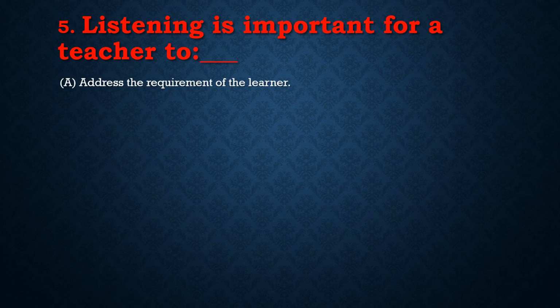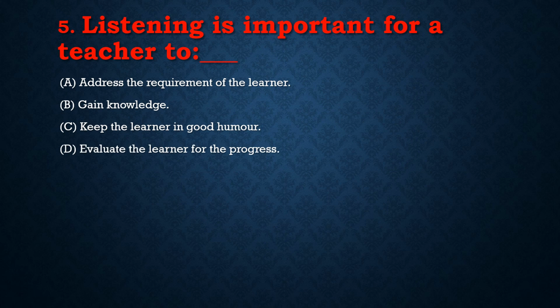Option A, address the requirement of the learner. B, gain knowledge. C, keep the learner in good humor. D, evaluate the learner for the progress. Guess the right answer. The right answer is A, address the requirement of the learner.